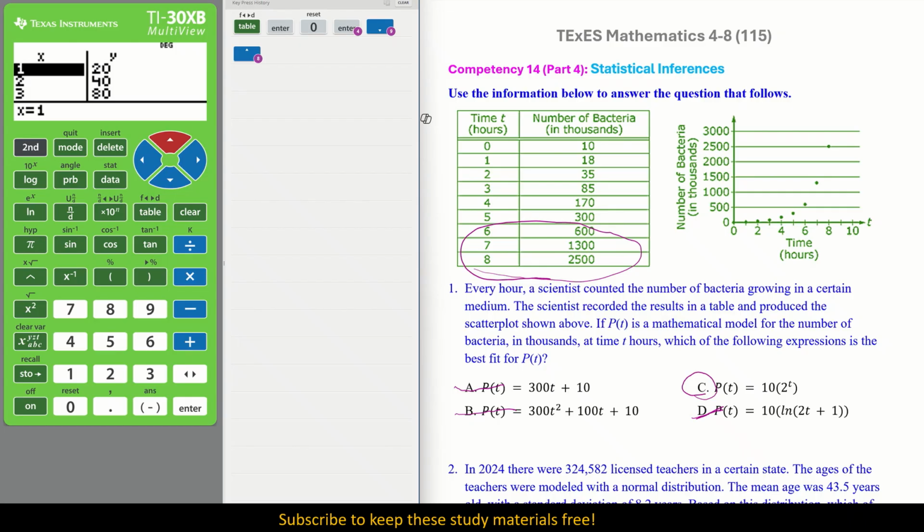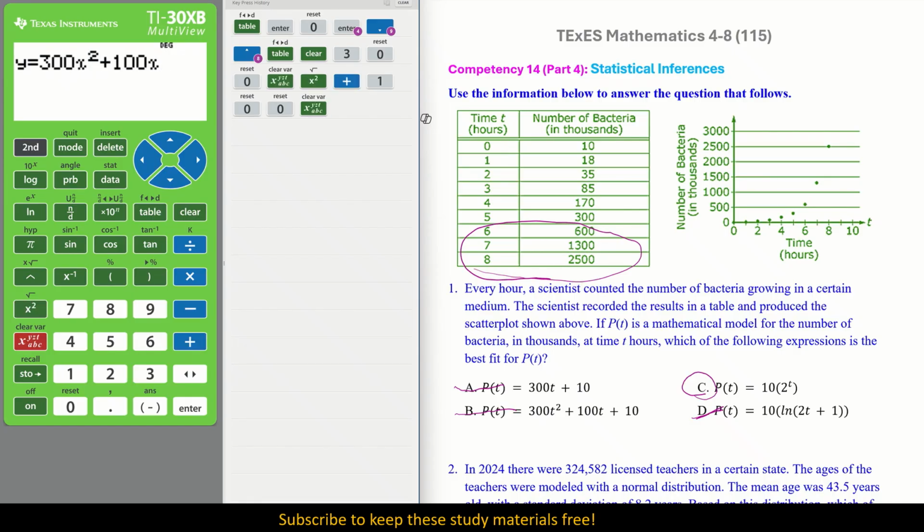But just to make some of you feel better, let's put in B and see what it looks like. Let's go back to our table, clear it out. And let's say 300. Of course, we have to use x squared plus 100x plus 10. Now let's look at those numbers and see if we have an issue with them.